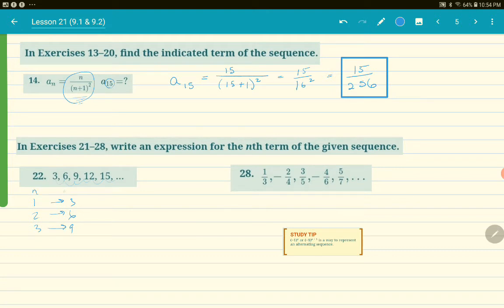This is our n, and this is our a sub n. 4 goes to 12, 5 goes to 15, and if you notice the pattern here, n goes to 3 times whatever n is. So our expression for the nth term is a sub n equals 3, not 7, sorry, 3 times n.